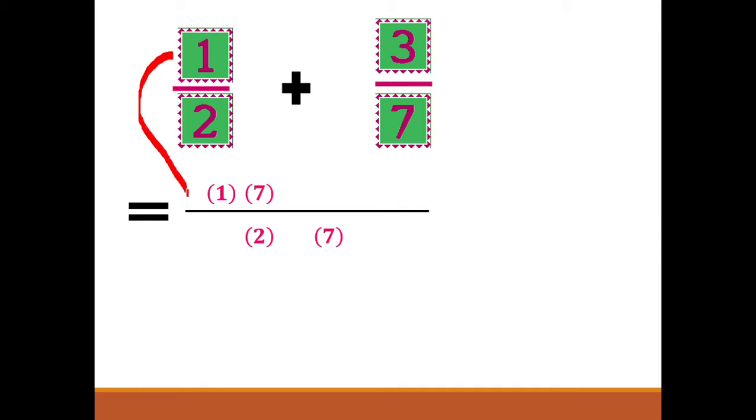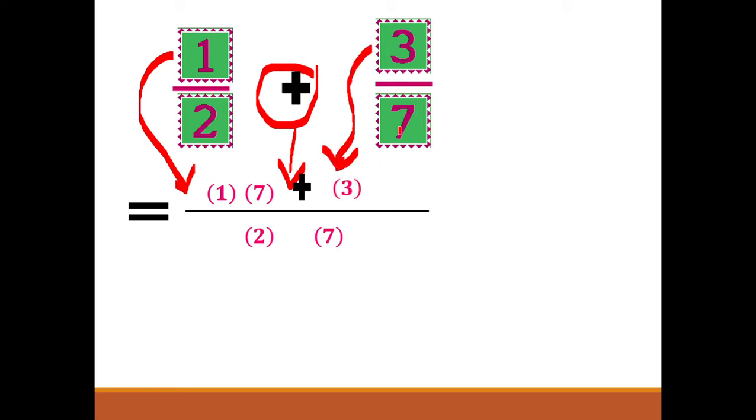Nakita mo yung 1, ilalagay mo dyan. Tapos ito, ilagay mo dito. Kasi remember, addition yung ginagawa mo. Tapos, yung 3, ilalagay mo dito. Ngayon, pag chinek mo dito, di ba common sa kanila 7. So, tanggalin mo na yon, ang natira 2.